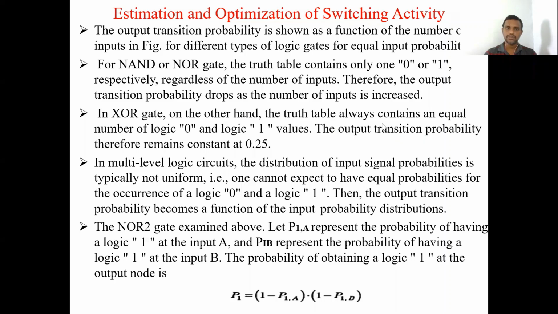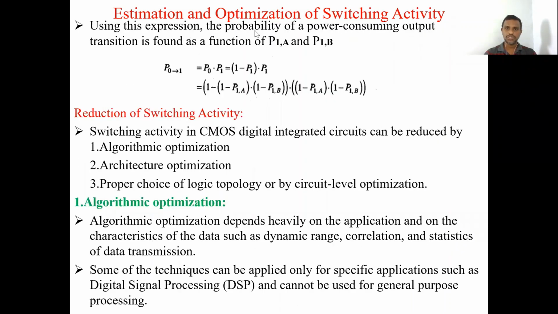Using this expression, the probability of a power consuming output transition is found as a function of P1A and P1B. We know that the probability of obtaining a power consuming transition is P01, which is P0 multiplied by P1, the output signal probabilities.